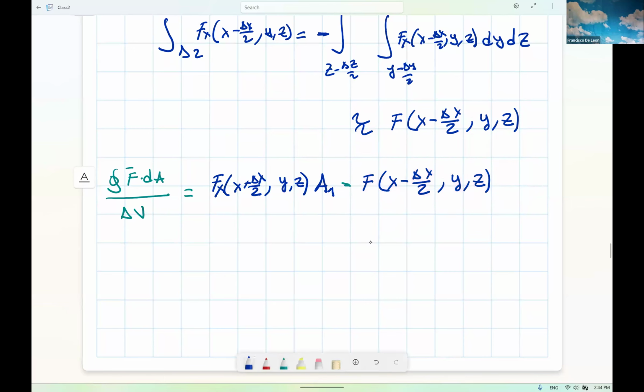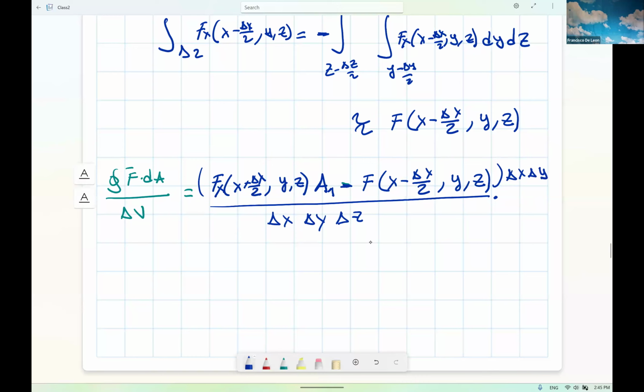So get the blue minus that, and it will be divided by delta x, delta y, delta z, and this is multiplied by delta y, delta z. There needs to be another A1. No, this one goes. Yes, no, this is the area. This is delta y, delta z, like that.